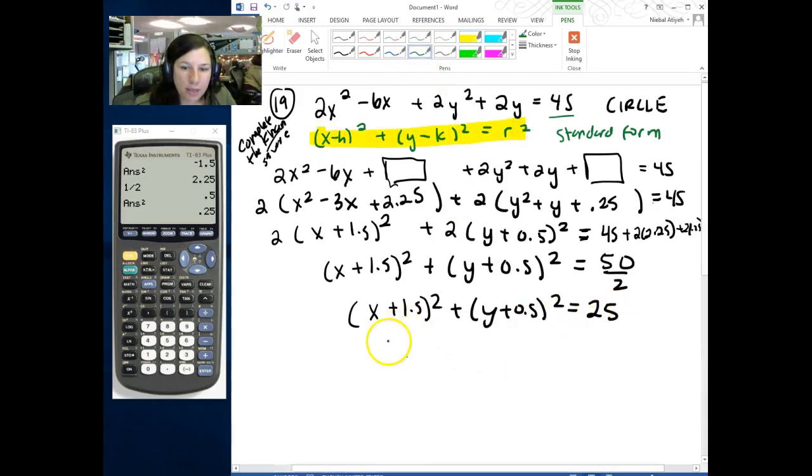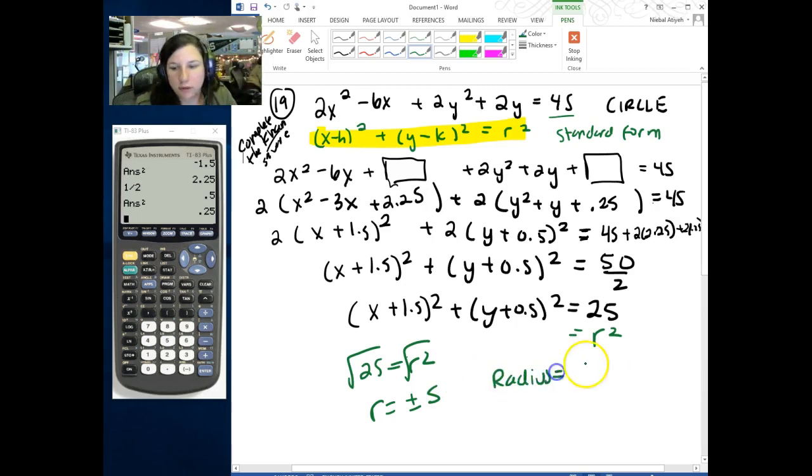So now I can say that this equals r squared. So 25 equals r squared. To solve for r, you'll take the square root of both sides. So r is plus or minus 5. And since we're talking about radius, as a measurement, it needs to be the positive.